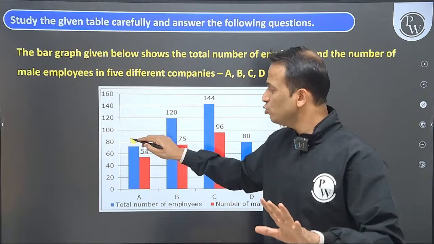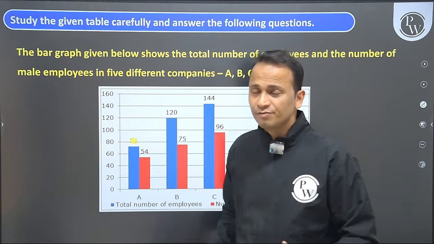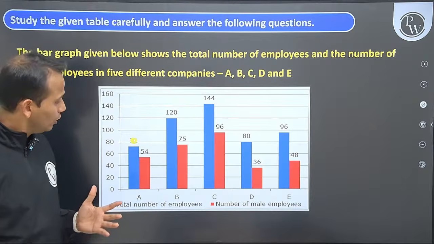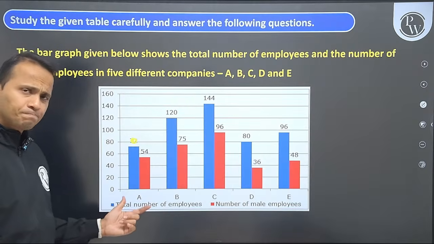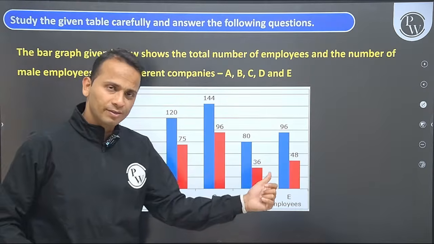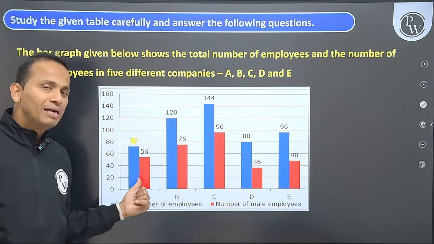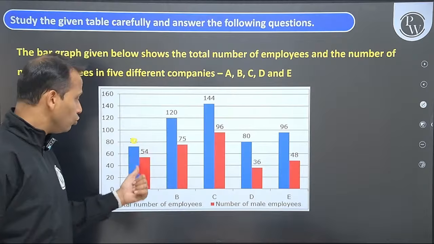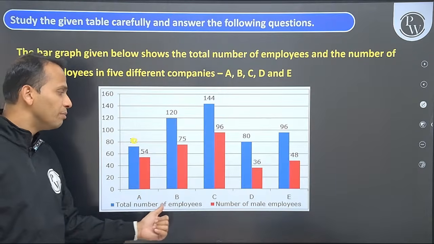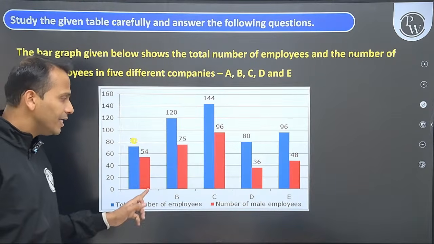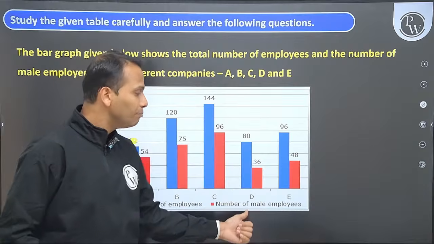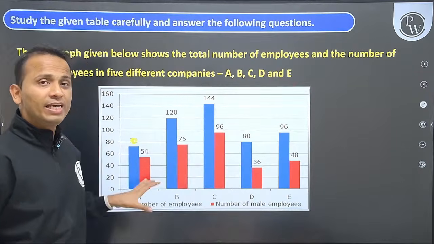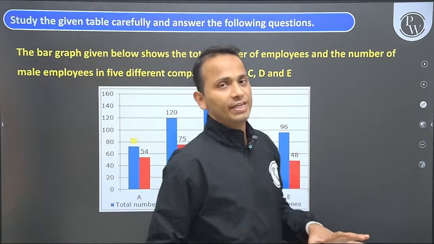Now, if I ignore these values which are written at the top of the graph, in general, how do we read the values in a bar graph? First of all, we need to understand the different color coding. There is a blue colored building, or a bar, and a red colored bar. Now, the blue color represents the total number of employees and the red color represents the number of male employees. Reading each and every element of the graph is very, very important.